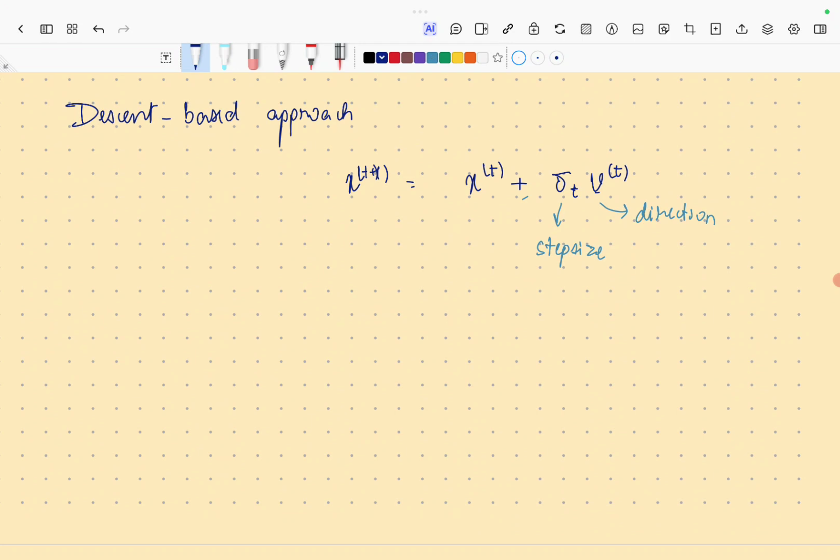So first, how do we choose the direction? If the function is convex, then what is the best direction to choose? You should choose the direction which is the negative of the gradient.